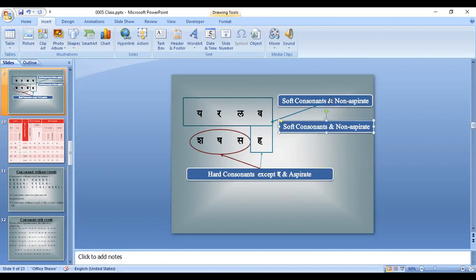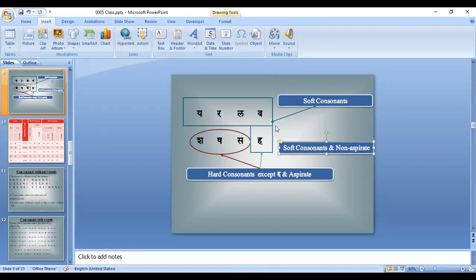And see the screen now. I'm just doing the correction. All these semi-vowels, ya, ra, la, va, and ha, the last letter of the sibilant, they are soft consonants. Whereas the sibilants, sha, sha, sa, these first three sibilants, they are hard consonants.